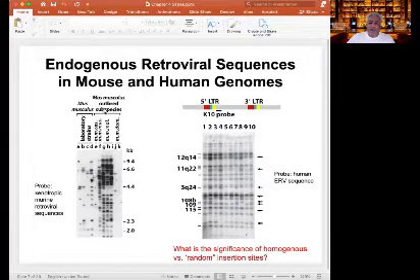And in outbred strains of mice, these are the ones that we find in the wild, we can see the patterns vary, in some cases very dramatically, between different strains, suggesting that at least in these mice, the viruses are moving about the genome at a much, much higher frequency than we see in humans.